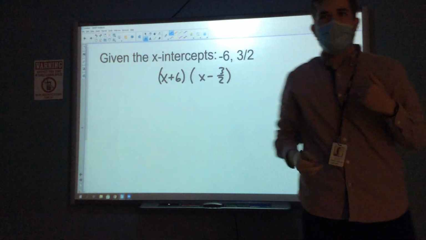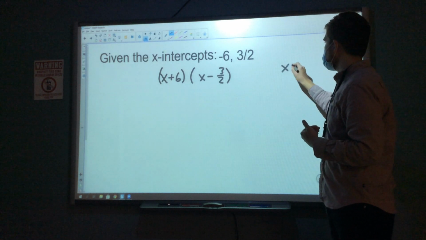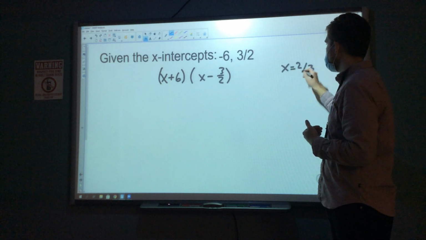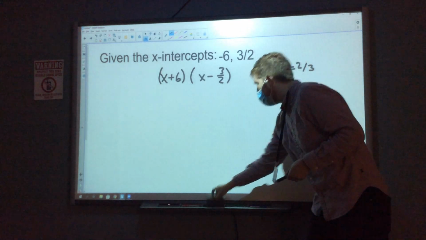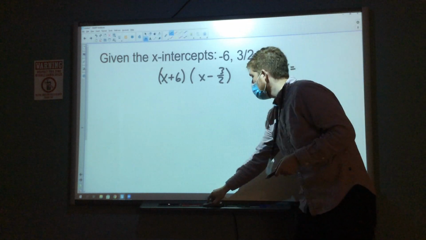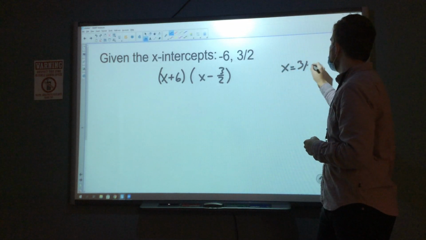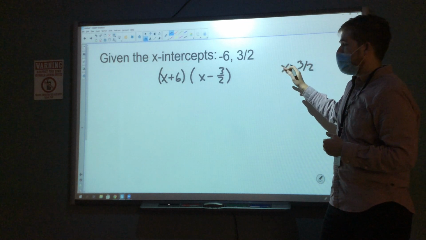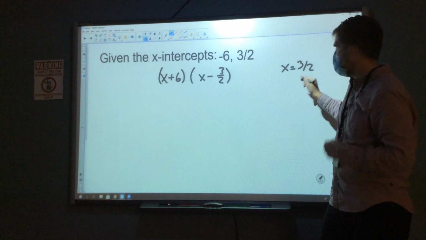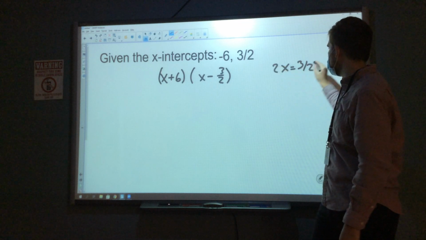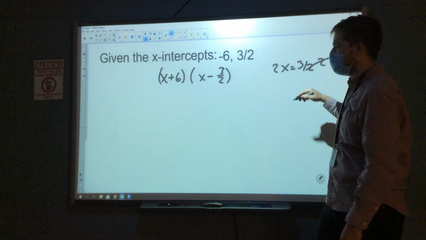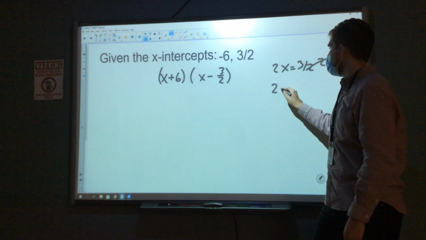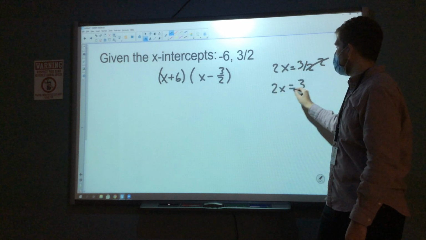Now if I set it up as x is equal to 3 halves, then when I am solving for moving that x over, I'll multiply both sides by 2, so I have 2 times x, the 2's cancel out on the right side, giving me 2x is equal to 3.